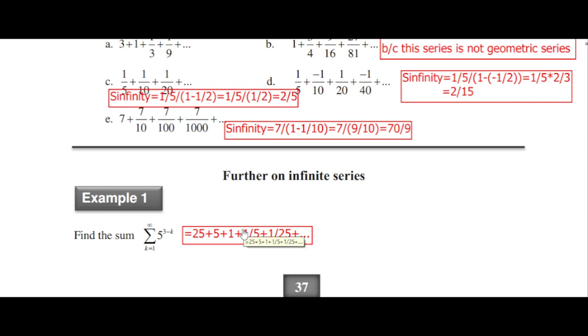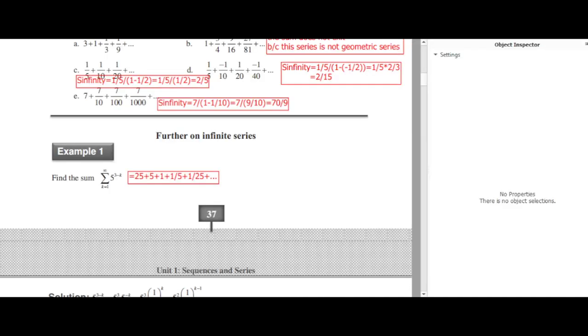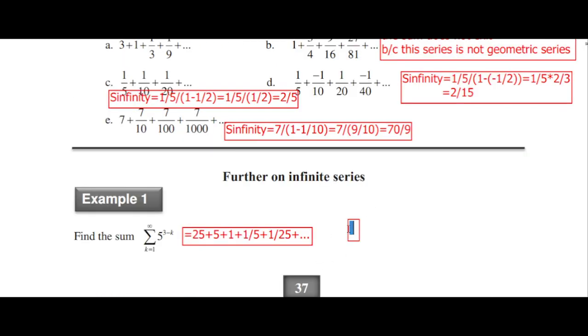For this geometric series, the infinite sum will be S infinity is equal to the first term 25 over 1 minus the common ratio r. Since the absolute value of 1 over 5 is strictly less than 1, we use this formula, a over 1 minus r, 25 over 1 minus 1 over 5.